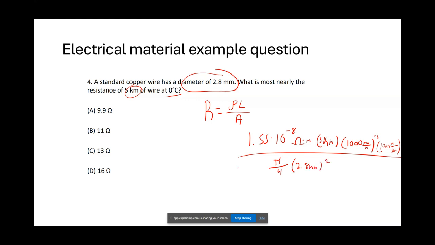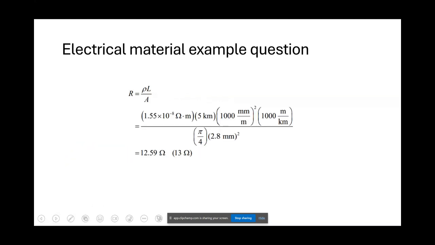When you do all the solving for this, you should get an answer around 12.6 ohms, and in this case, 13 is our closest option. Let's see what we did there. 13. Perfect. And this concludes the section of things that we knew directly through our courses.